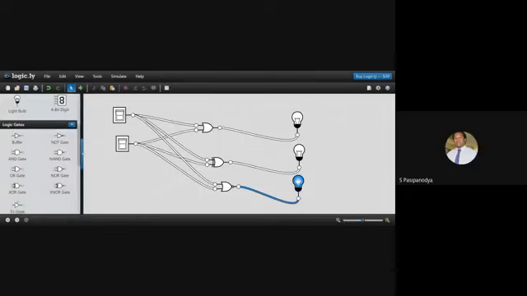Loveridge, your hand was up. Wanted to say something? I needed to explain how the NOR gate works. Then somebody explained it. Okay. So does anyone have a question with regards to the gates we have done so far?